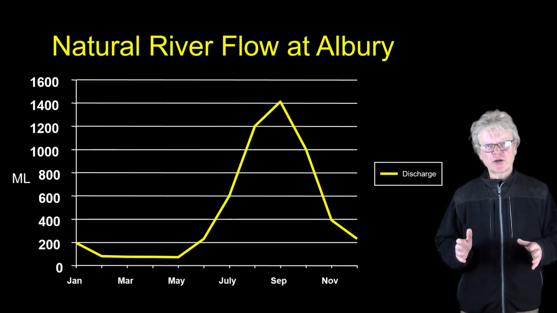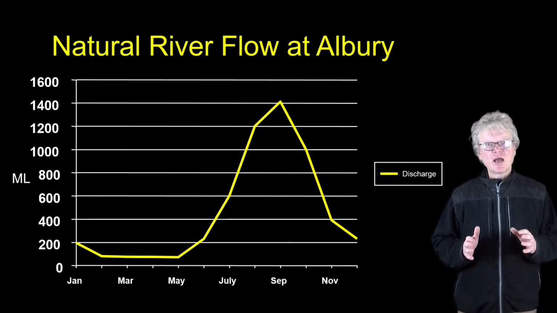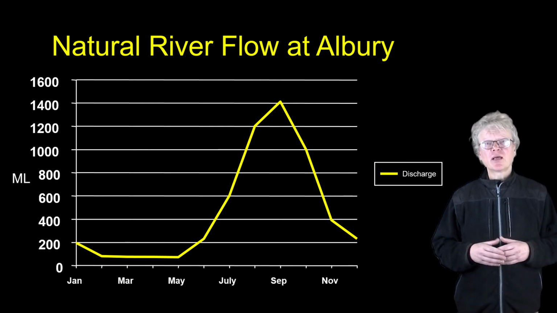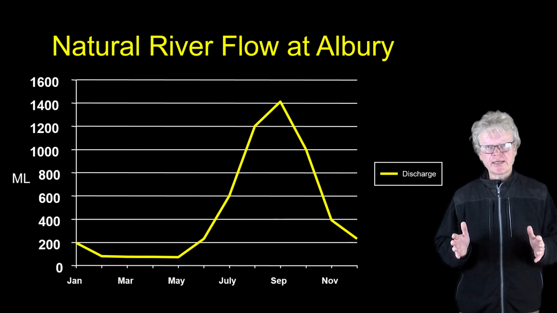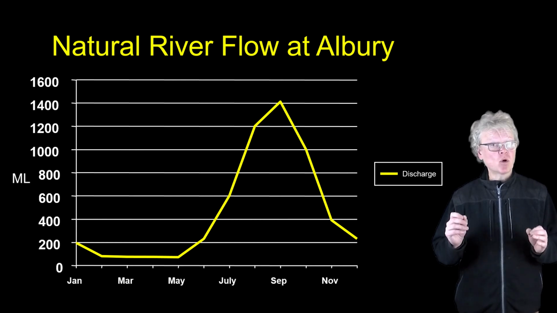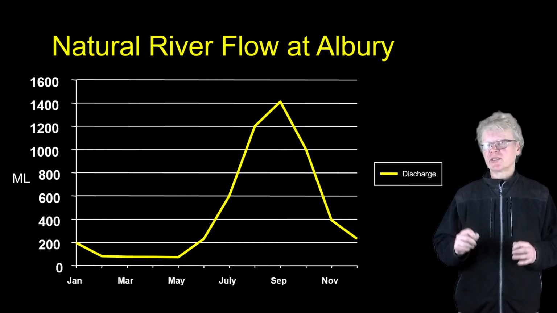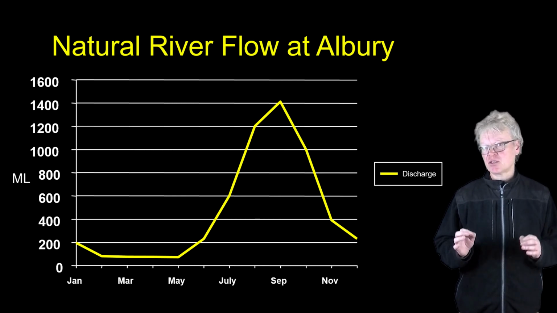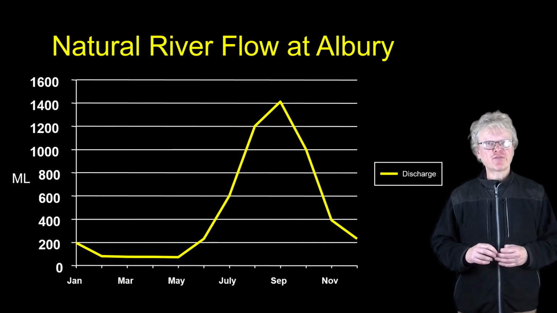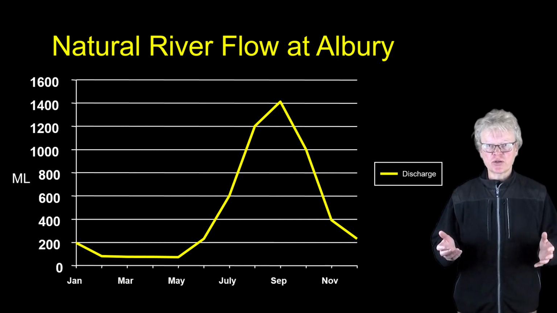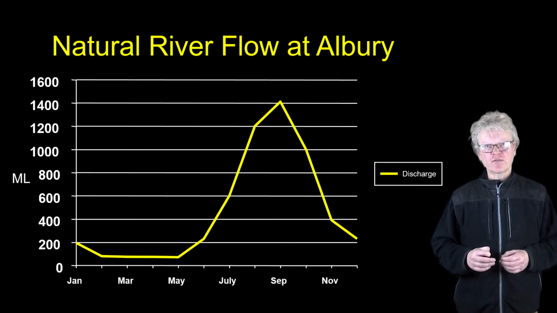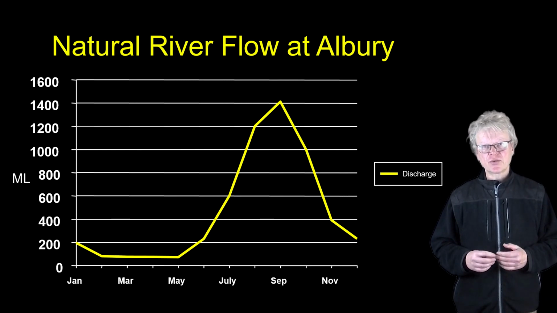And if you look at this diagram here, this is the discharge of the Murray system over an average year, in what we would term normal or natural conditions. So this is a model of what the river flow would have been like before humans came along and started to modify the system with dams and weirs.